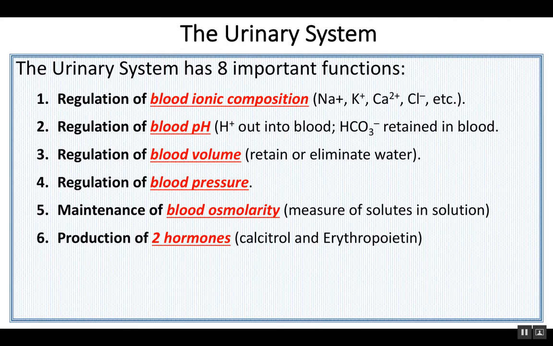Calcitriol and erythropoietin are produced by the kidney. Calcitriol is active vitamin D, which helps bring in more calcium from your diet. And erythropoietin, or EPO, stimulates red blood cell production by bone marrow. So the kidney can produce a couple hormones.